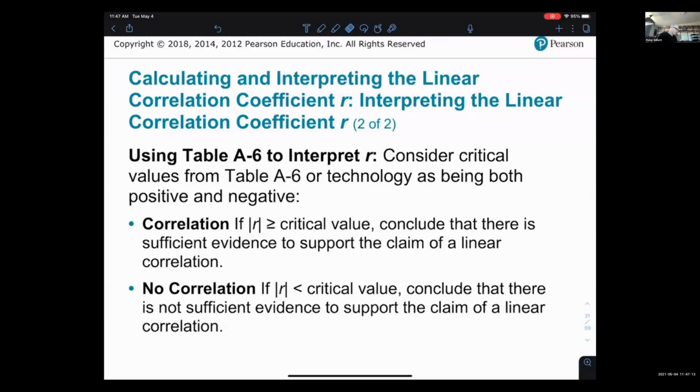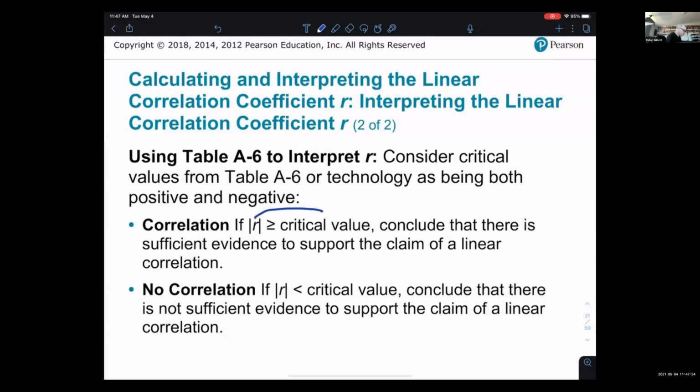But in general, there's correlation if the absolute value of R, because R could be heading toward a 1 or a -1, is greater than the critical value. So again, the R value, not the rho, but the R value, is the test statistic in this case.